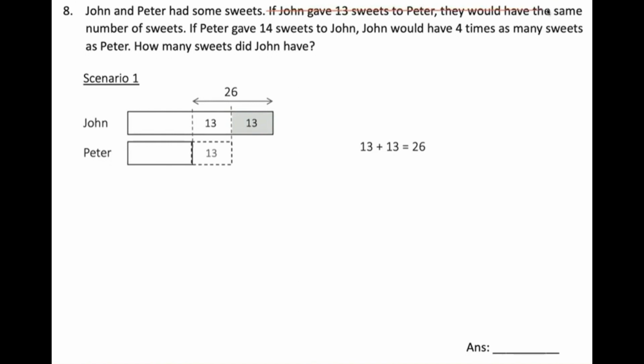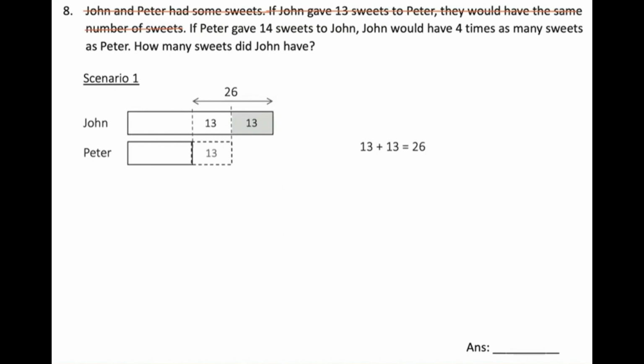They could have just cancelled this away, and say, for example, the question becomes like this: John has 26 more sweets than Peter. If Peter gave 14 sweets to John, John will have 4 times. If the question had been like this, it would be much simpler. But because you have this, if John gave 13 sweets to Peter, they would have the same number of sweets, it's just to confuse you.